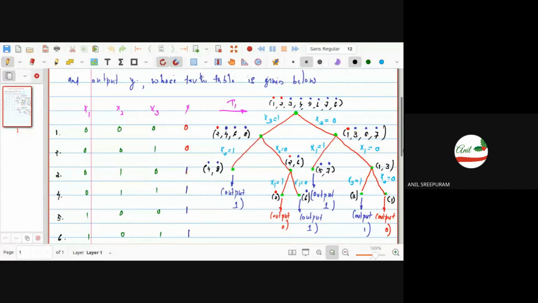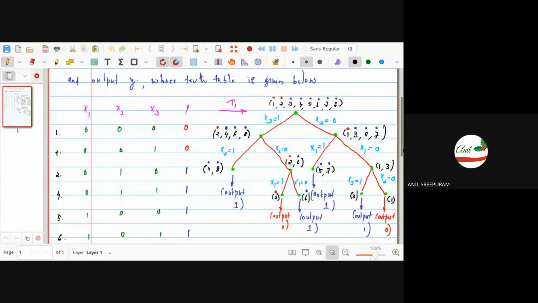Therefore, what I'll be doing is splitting the leftmost child data based on the second feature. Say maybe I have chosen x2 as the feature. So x2 is used as the test for the left child of the root node.